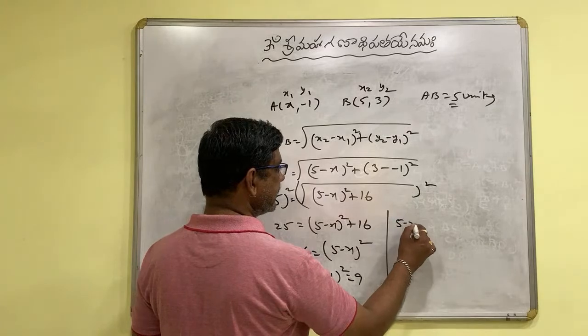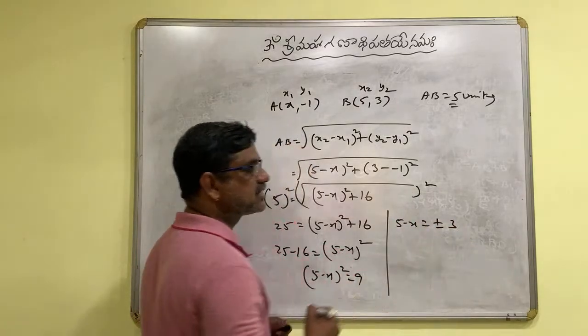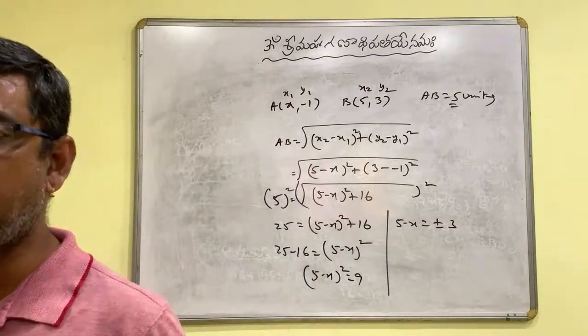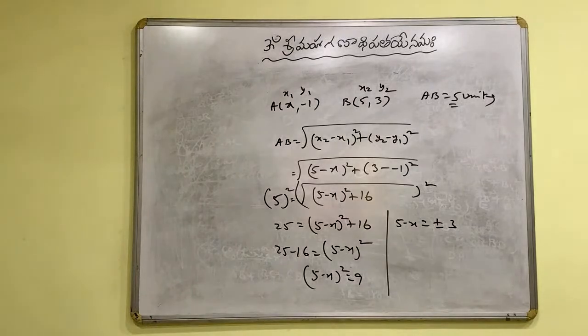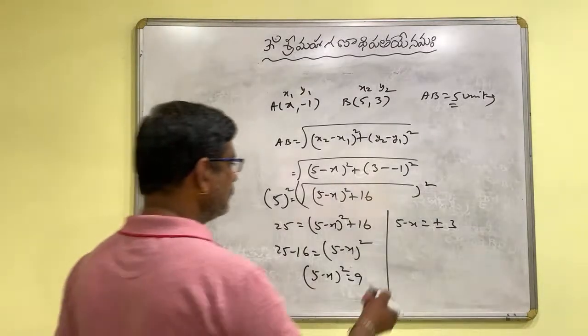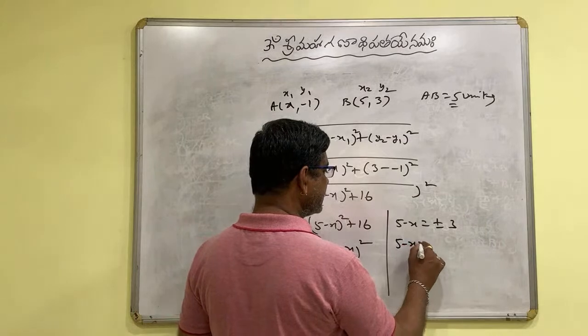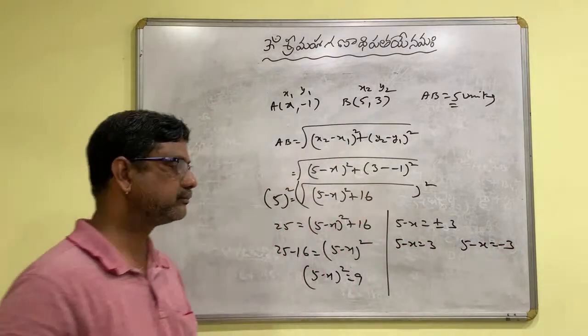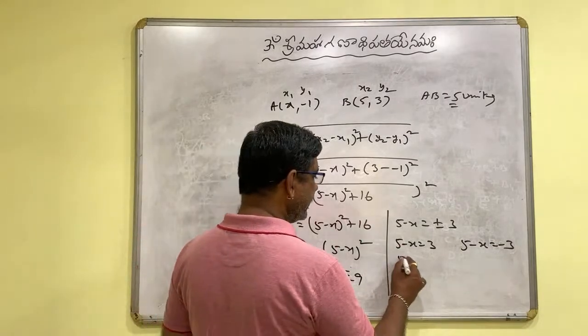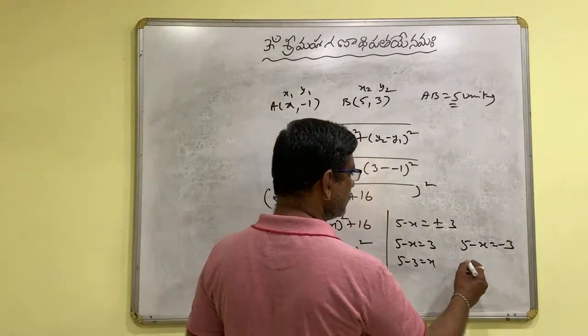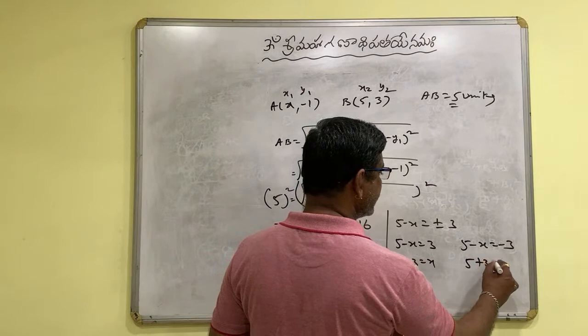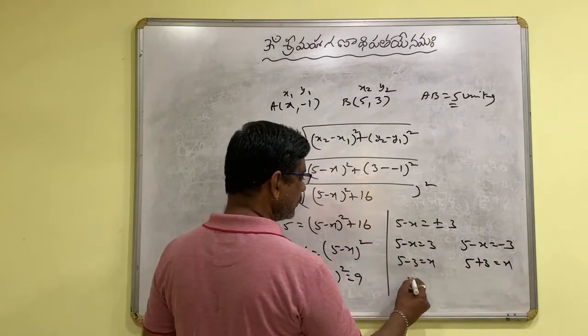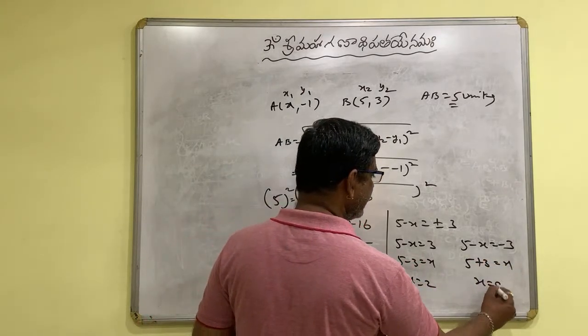Then 5 minus x is equal to plus or minus 3. Then what happens? 5 minus x is equal to 3, or 5 minus x is equal to negative 3. So 5 minus 3 is equal to x, 5 plus 3 is equal to x. So x is 2 and 8.